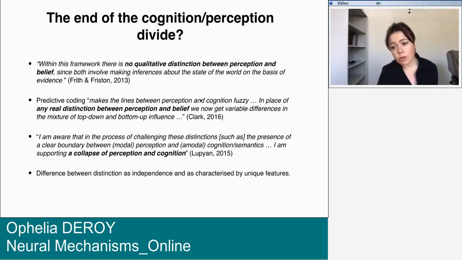The reason why I've chosen the three quotes above is that they seem to be representative of the second kind, that is the fact that what is missing, according to them, once we adopt the predictive coding accounts, is the very possibility to draw a difference between perception and cognition, based on the fact that both integrate what used to be the characteristic of perception, bottom-up information, and what we used to see as a distinctive role of cognition, that is the capacity to send predictions. So there's something along this line that these authors seem to signal here.